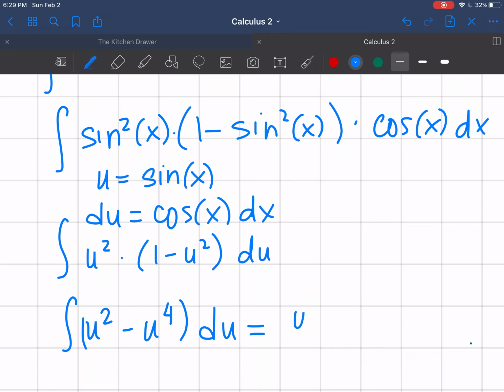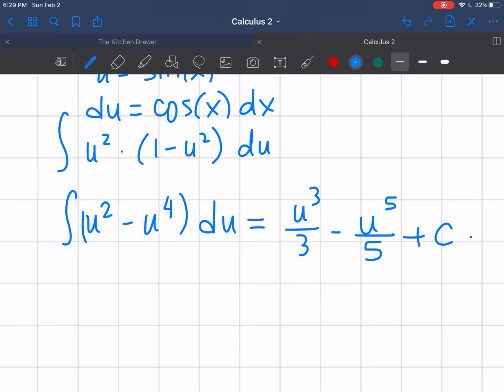So we're going to get u cubed over 3 minus u to the 5th over 5 plus c, and then we back substitute all the u's. We're going to replace back with sine of x.